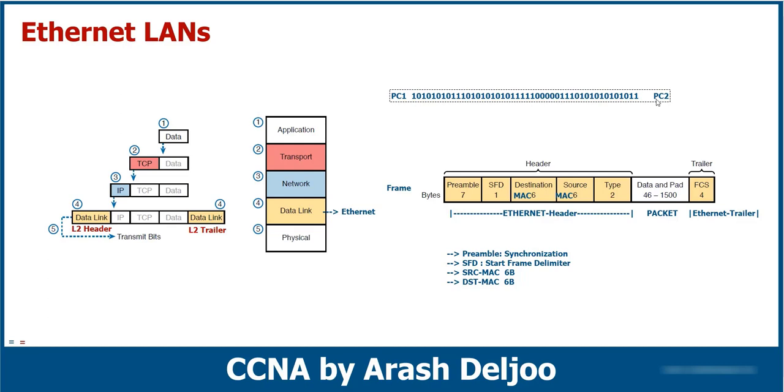Okay, but here we have many ones and 0s. How can PC2 understand where is the start of the frame and where is the end of this frame? How can PC2 find the first and the last bits of a frame? Okay, we don't have any solution without, for example, any header or feature.